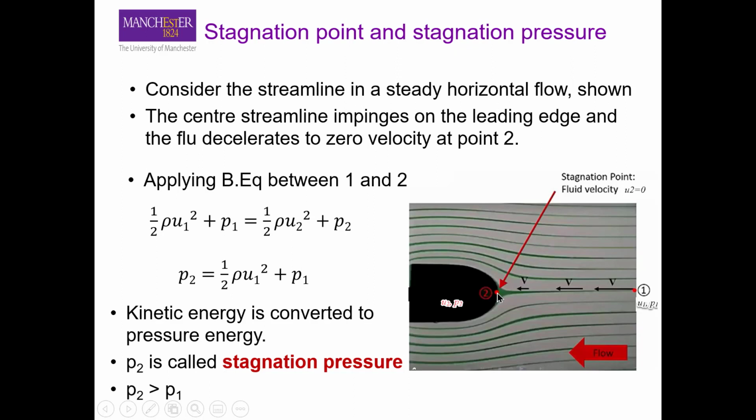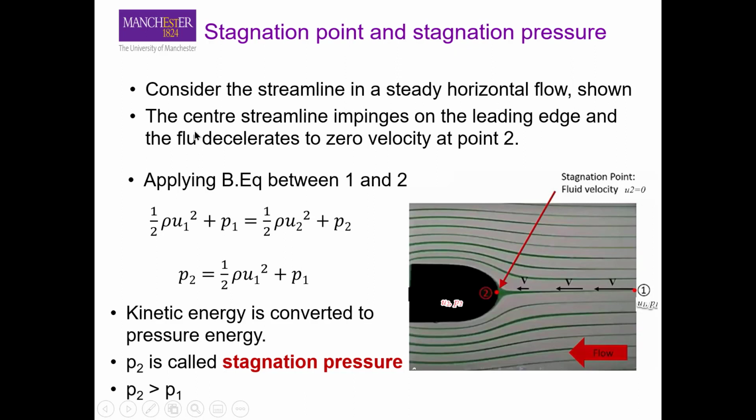The reason for this decrease in velocity is not the viscous effect; it is because the fluid comes to a stand here, at this point, and then some of the fluid moves up and some moves downward. But at point 2, the nose of this object, the velocity is 0. So this point is what we call the stagnation point, where the velocity becomes 0.